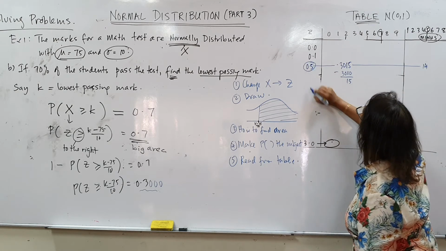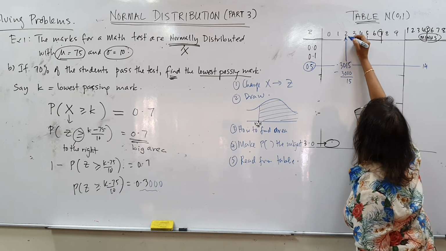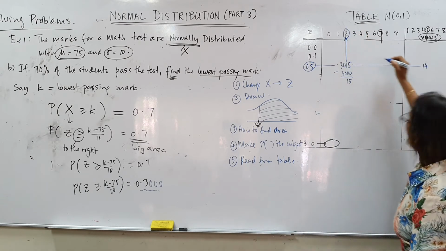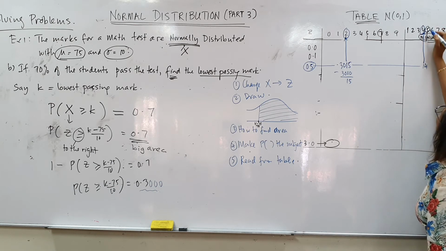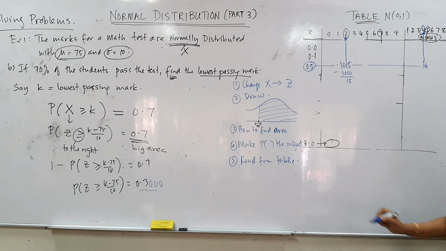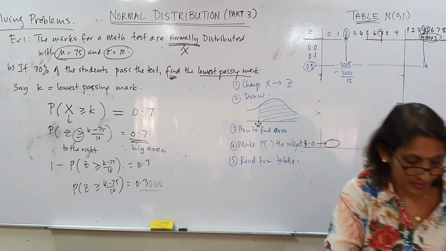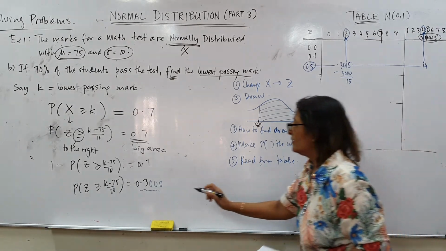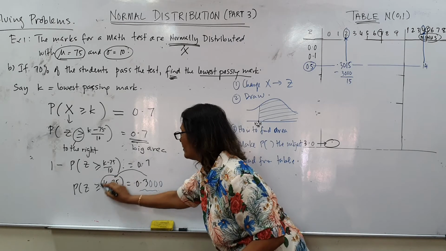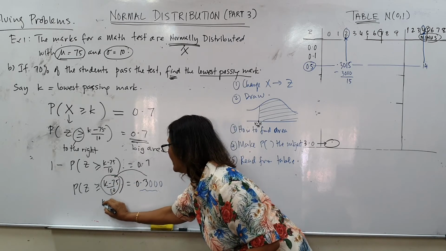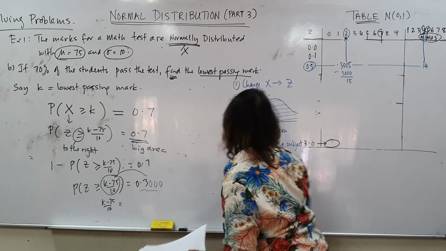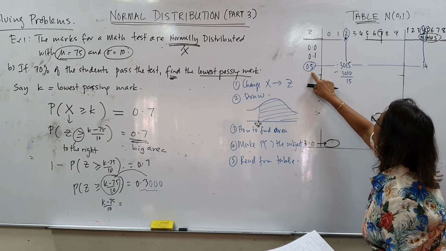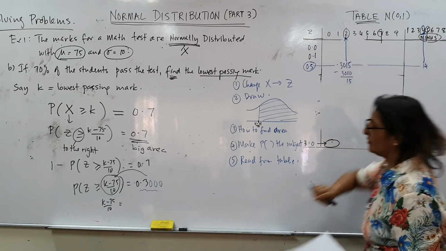We go up here is 2. And when we go up here, it is 4. So you write down K minus 75 over 10 equals to 0.524.